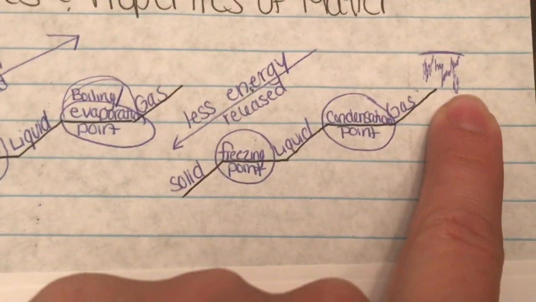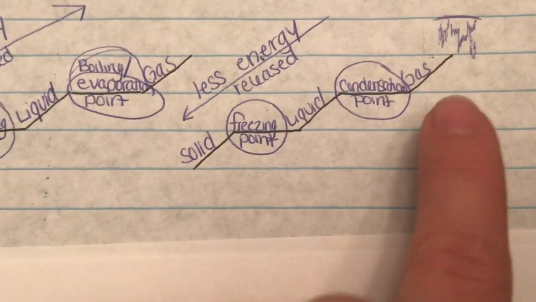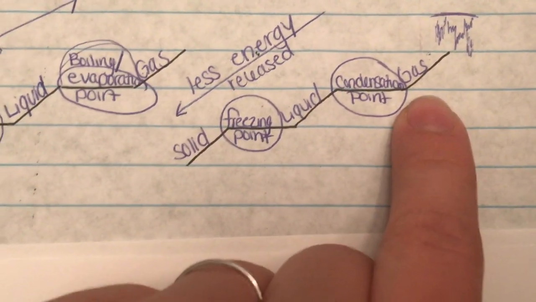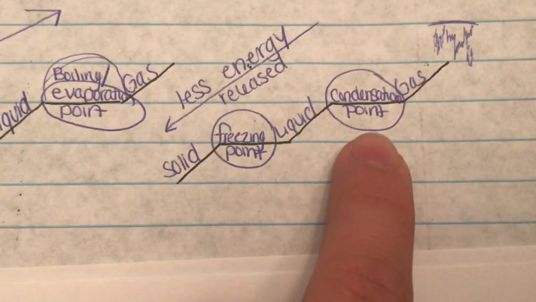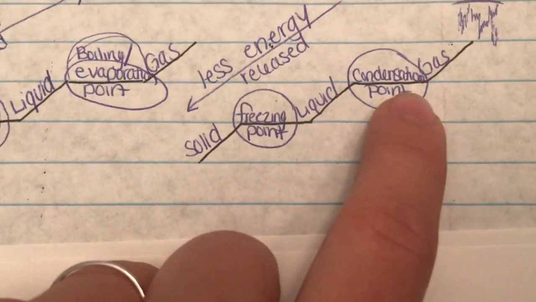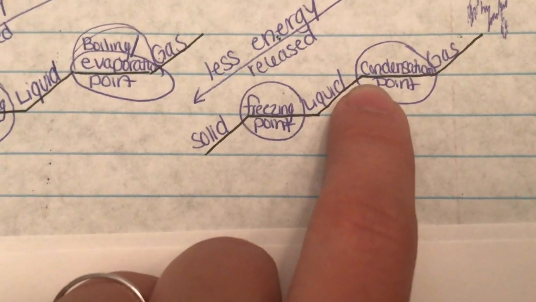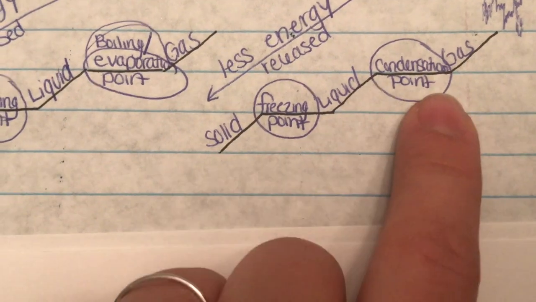So here I've got my ice at the very tippy top, and we'll start at the top and work our way down for this one. So if I'm cooling a gas, eventually I'm going to cool it enough where I get to this condensation point. As it's condensing, the gas is turning back into a liquid.